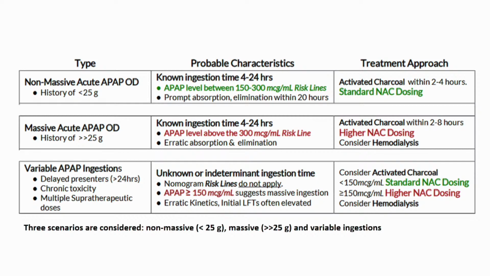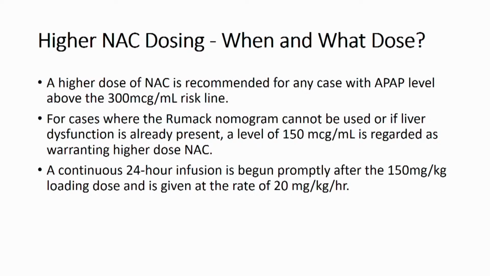Okay. So when do you give it, and in what doses? A higher dose of NAC is recommended for any case with paracetamol levels above 300 micrograms per mL. That is the risk line when you plot it. Okay? For cases where the Rumack-Matthew nomogram cannot be used, or if liver dysfunction is already present, a level of 150 micrograms per mL is regarded as warranting high dose NAC.